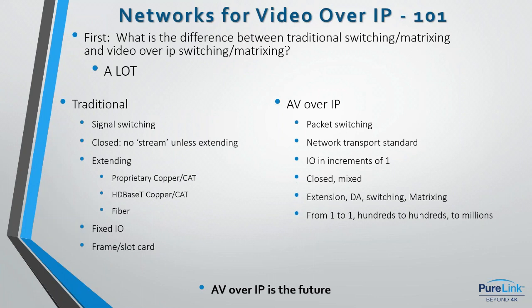So in traditional switching, you're used to really just rerouting or sending SDI or HDMI, DVI, VGA. For those of you old enough to remember NTSC, PAL, transporting those, right, are interlaced signals, which is a dirty word these days, but that's what traditional switching did. In AV over IP, that's not what's happening on the network. It's transporting data packets.